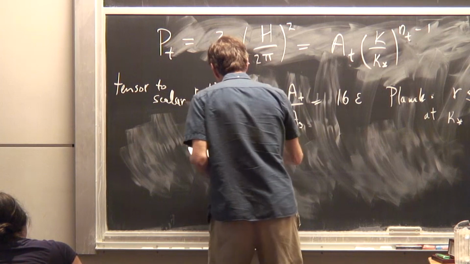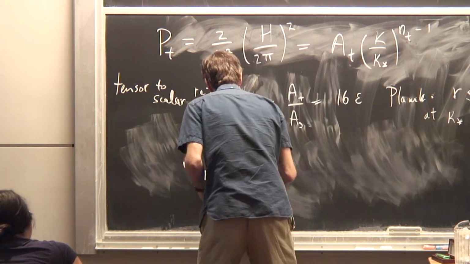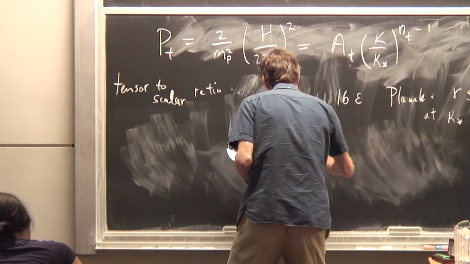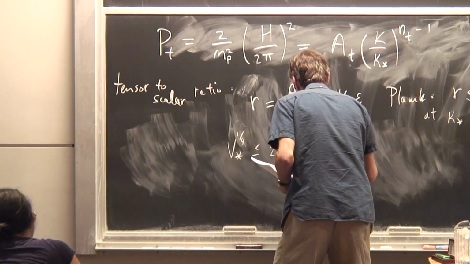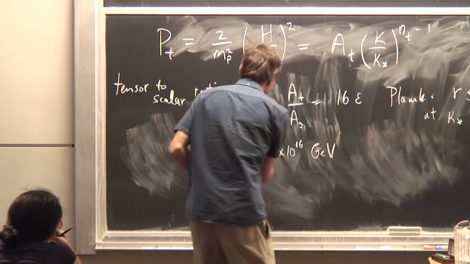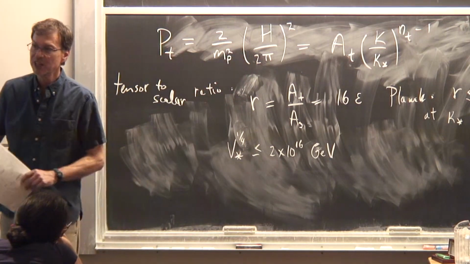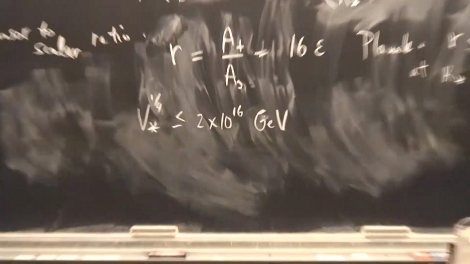That V star to the 1/4, that's the energy scale of inflation, has to be less than 2 times 10 to the 16 GeV. So that's very interesting, that we already know inflation can't be all the way at the Planck scale, or at least not at the time of this horizon crossing.